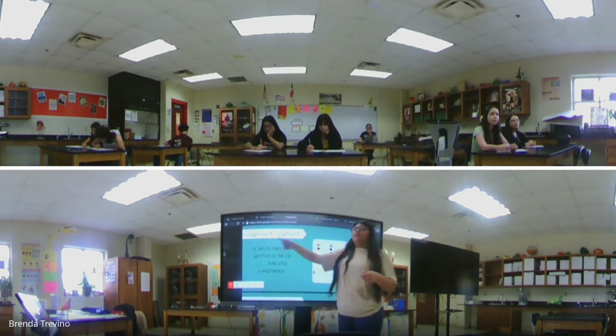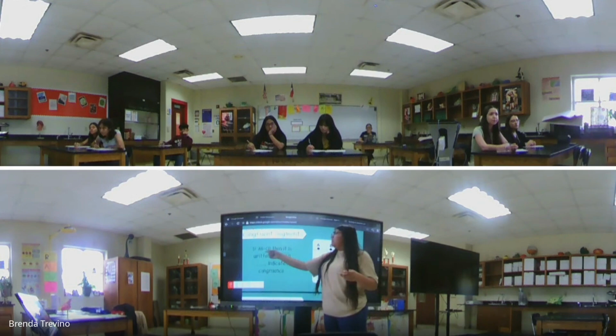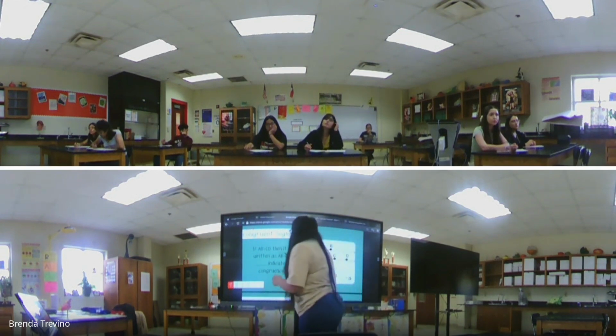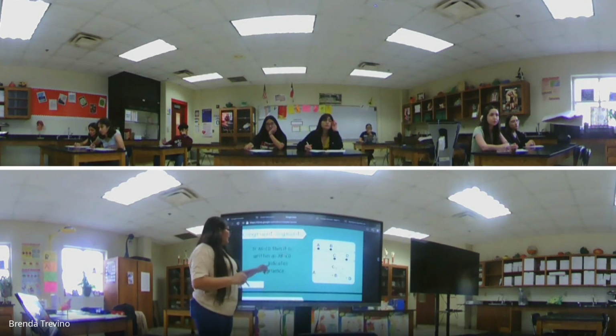Congruent means equal. Basically, it means that if AB equals CD, then they're two congruent segments. When you have two congruent segments, it is written as AB equals CD, but you're going to have a little line, and this little line indicates congruence.